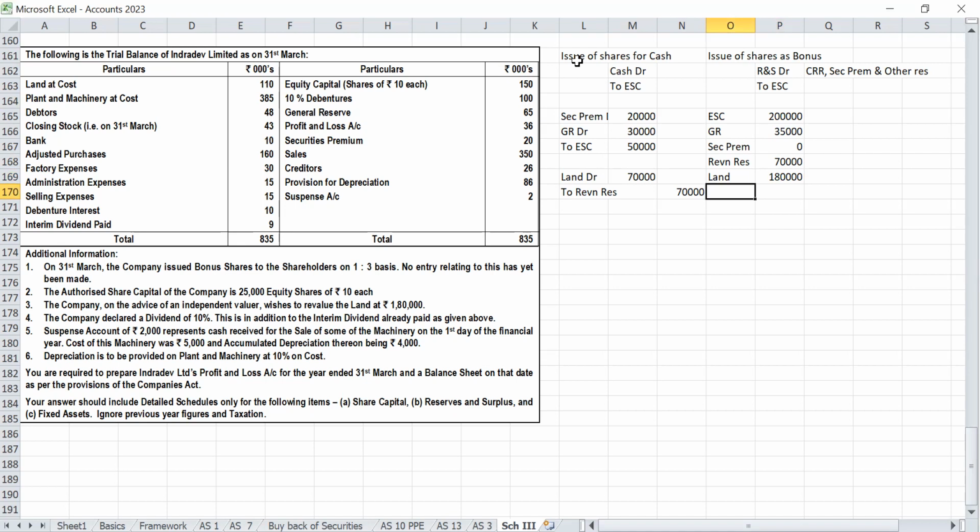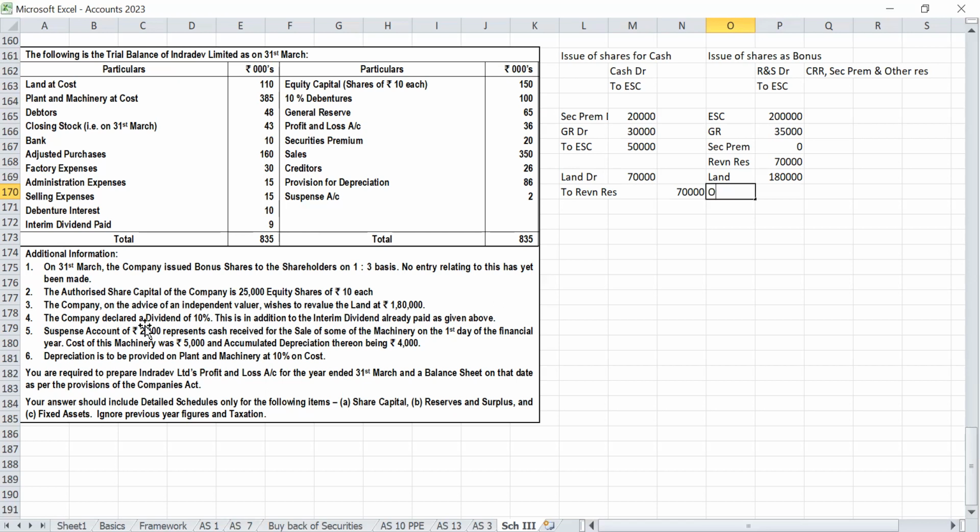Then the company declared a dividend of 10%. This is in addition to the interim dividend already paid as given above. Interim dividend paid 9%, then declared dividend 10%. If it is a proposed dividend, it will come in off balance sheet disclosure. But this is a declared dividend.